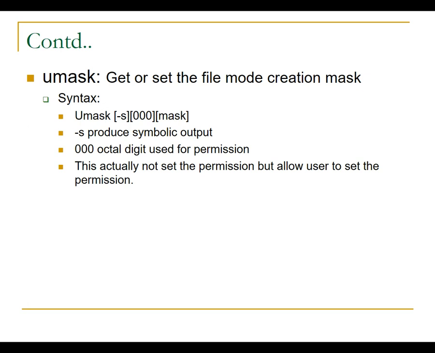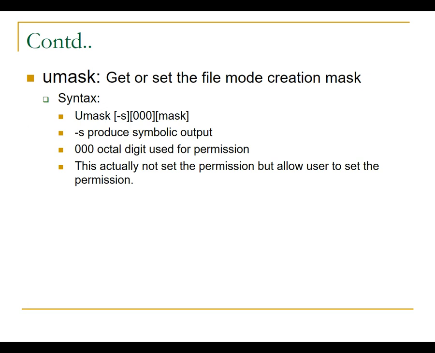It is a Unix shell command related to file permission. As we are discussing file and folder shell commands, it comes under that category. Again, umask is used to get or set the file mode creation mask.